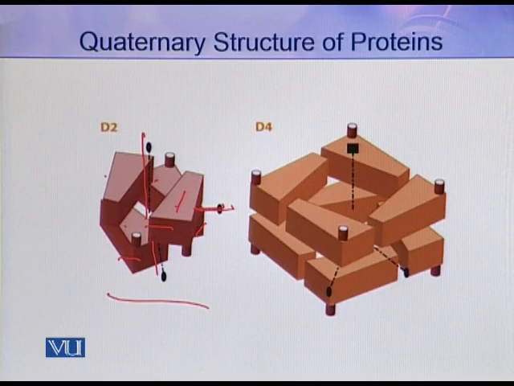Normally two rotational axes are present. Similarly, in this you can see the number of protomers is increasing. This symmetry is called D4, dihedral symmetry D4, in which again there are 4 protomers, but again the rotational axis, one is this, the other one is this. So for these protomers there are at least 2 rotational axes present in the molecule.